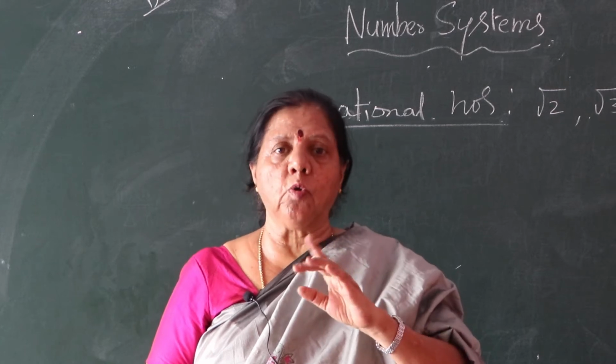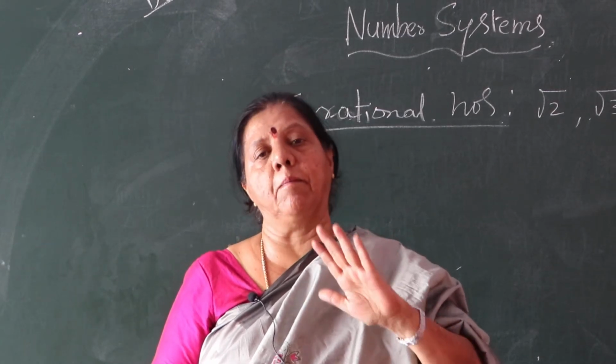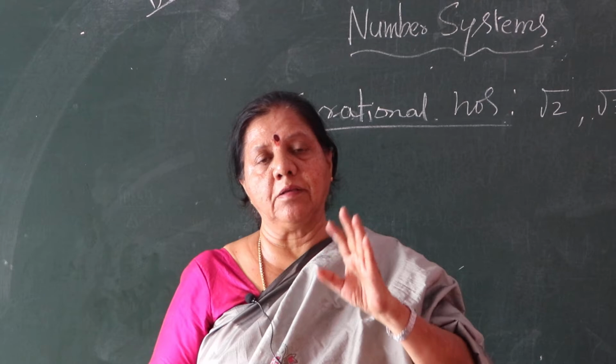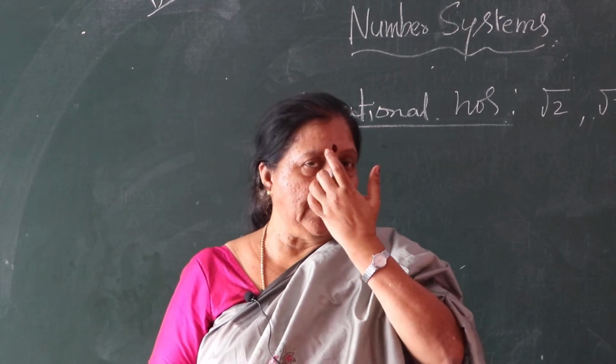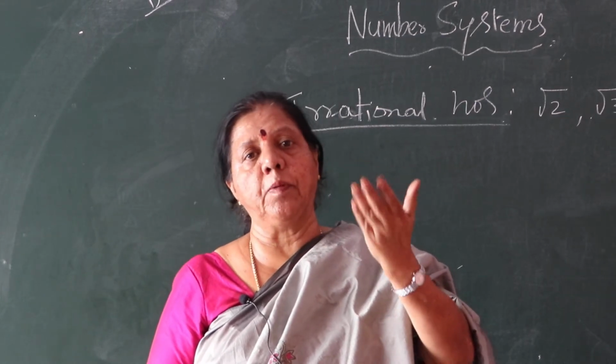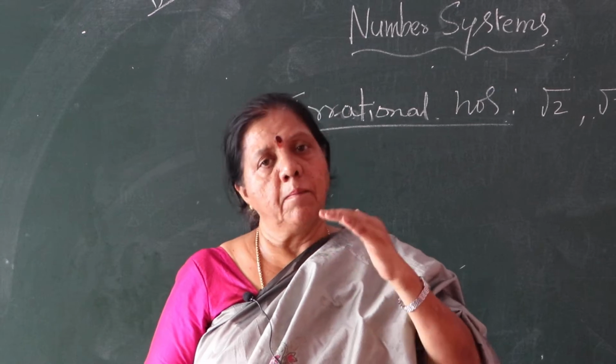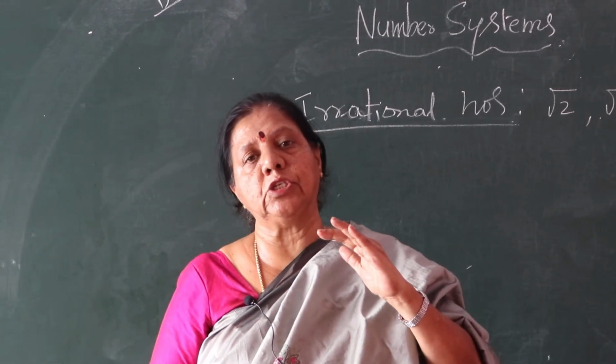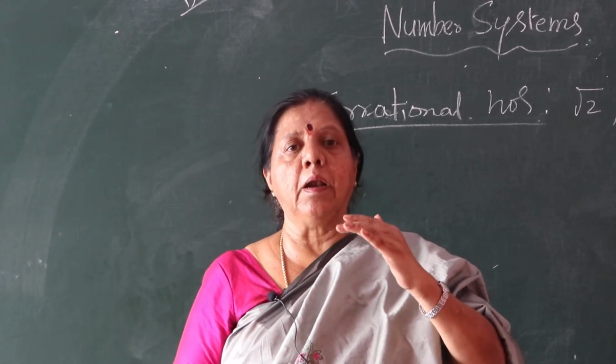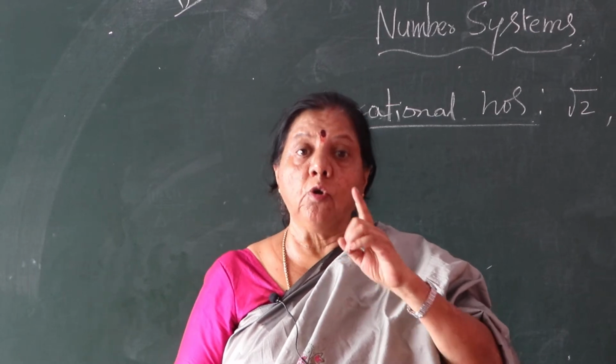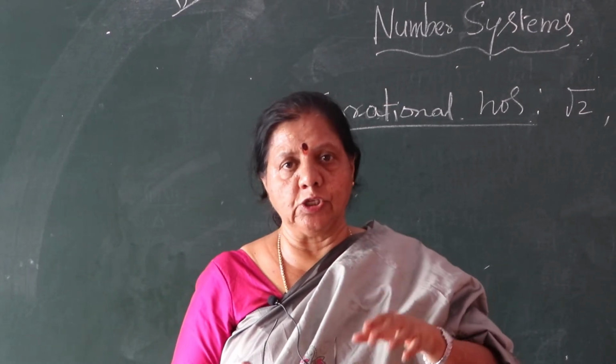At a time we can also represent them on the number line, but we cannot because you are all small kids. Later after PU you can learn that also, but now I am teaching you separately how to find out root 2 on the number line.